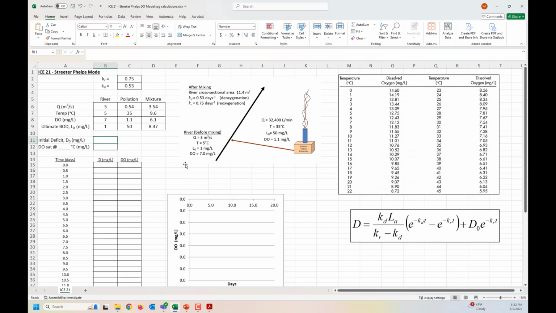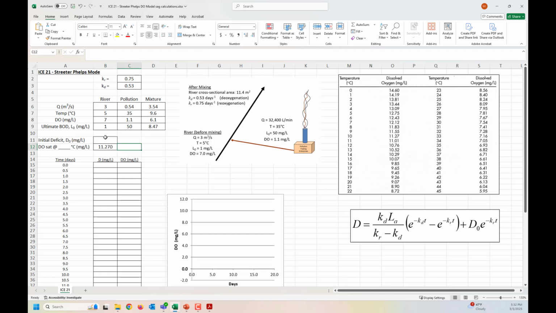All right, so the initial deficit is saying, here's what the dissolved oxygen concentration is. What should it be? So at this temperature of 10 degrees Celsius, the saturation dissolved oxygen should be 11.27.